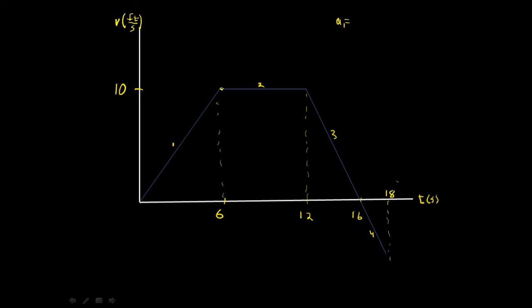This point has a height of 10 and a t position, that is time, of 6. So change in velocity is 10 minus 0 over change in time, 6 minus 0, is 10 over 6, or 5/3, or about 1.7 feet per second squared.